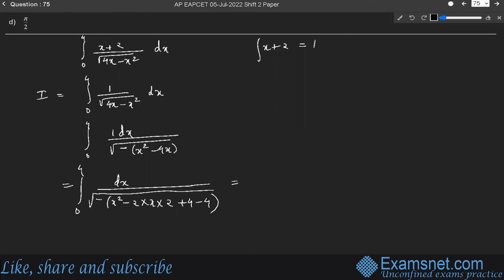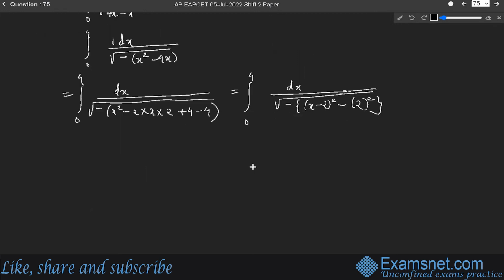So it will be equal to the integral from 0 to 4 of dx upon under root of minus of x minus 2 whole square minus 2 square. On further solving, this will be equal to the integral from 0 to 4 of dx divided by under root of, taking minus common, 2 square minus x minus 2 square.